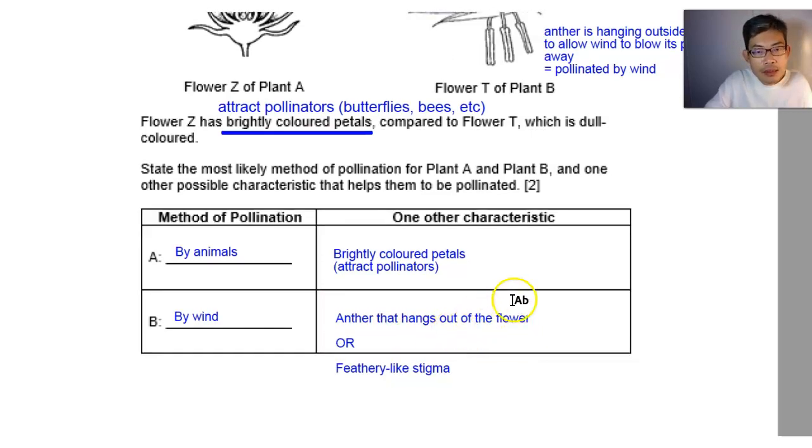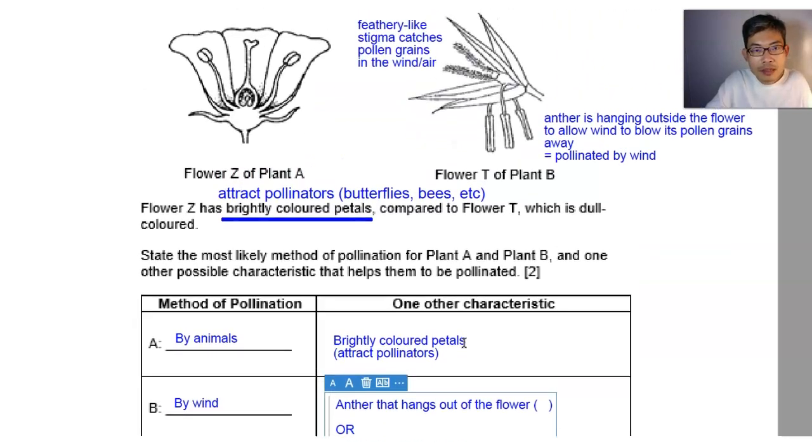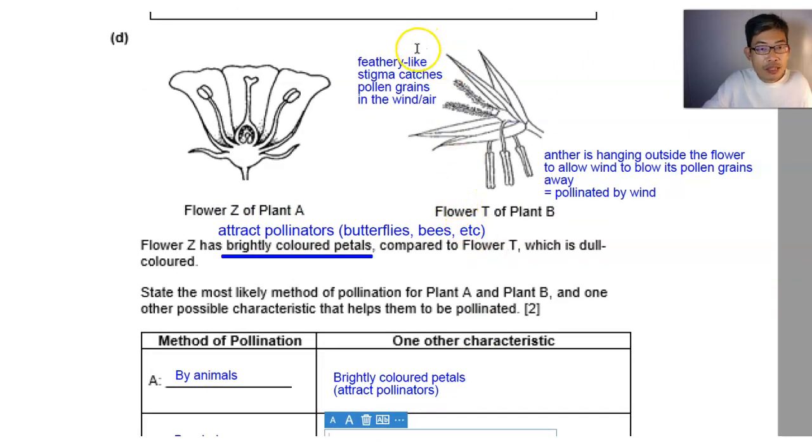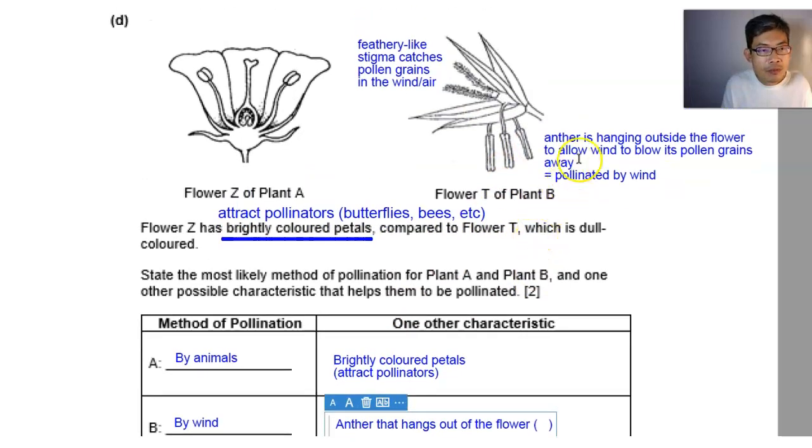And the reasons, well, in brackets, I'm not going to retype it, but you can see above, because I already typed it out in the notes above. Let me show you one more time. So the feathery like stigma, if you are asked to explain, it catches the pollen grains in the air or in the wind. If you're going to write about the anther, you just talk about it hanging outside the flower to allow wind to blow its pollen grains away.